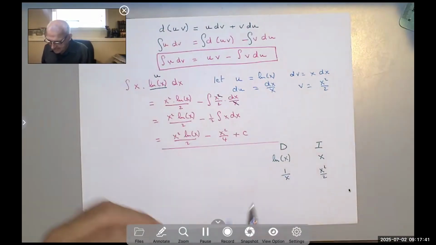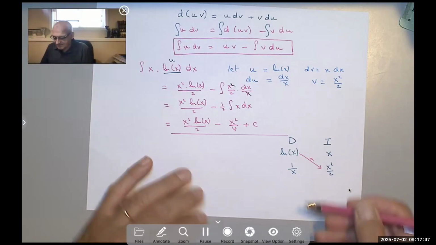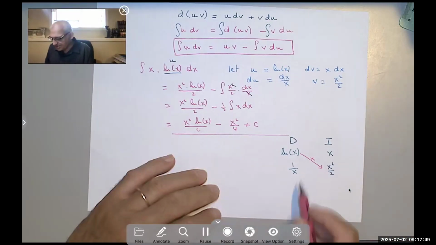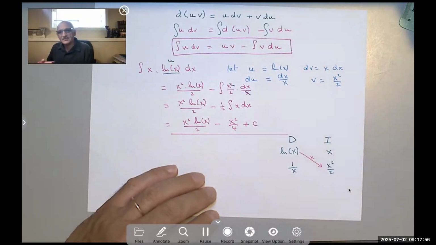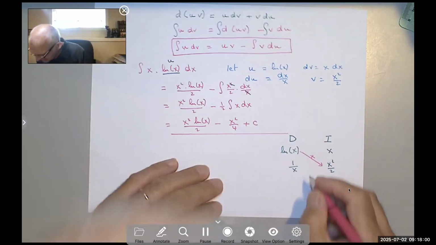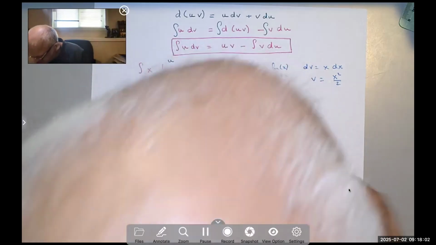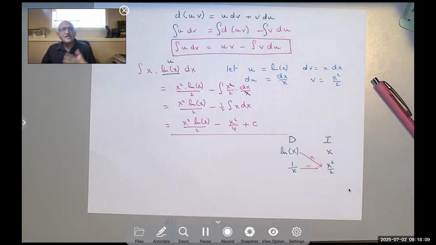Then you would say the integral becomes this times that. And if I have another differentiation and another integration, I would say this times the next one, but negative, next positive, next negative. I keep alternating the signs. But if I have to stop at one step, I would say minus the integral of those that are at the same level. Maybe now it's not clear, it will become much clearer later.